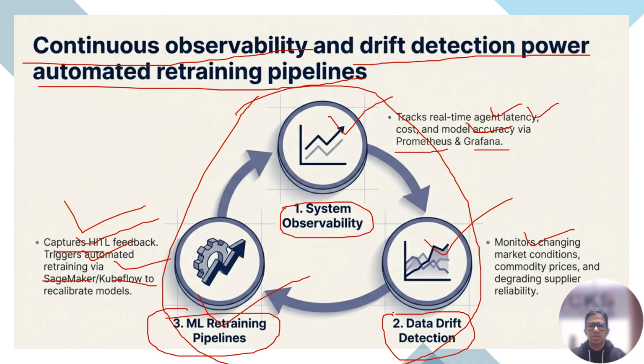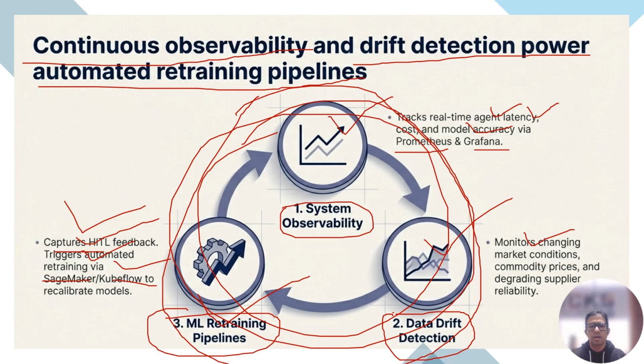Now here is the single most important takeaway of this slide. Deploy, monitor, improve. A production AI system is deploy, monitor, improve. Without this loop, your procurement AI becomes a one-time demo.